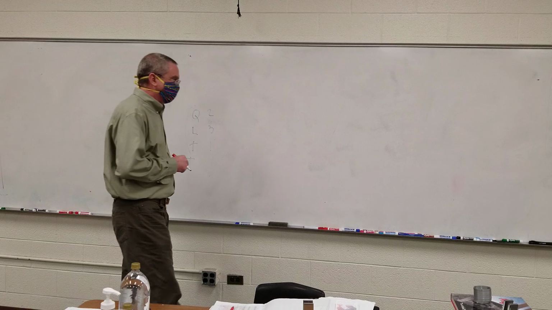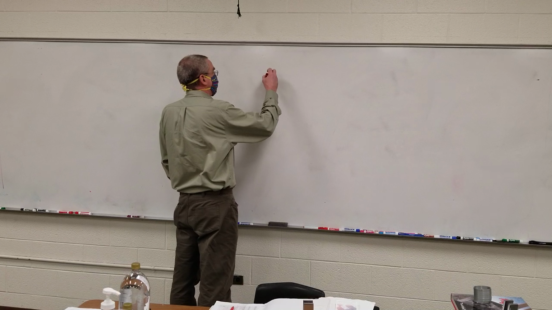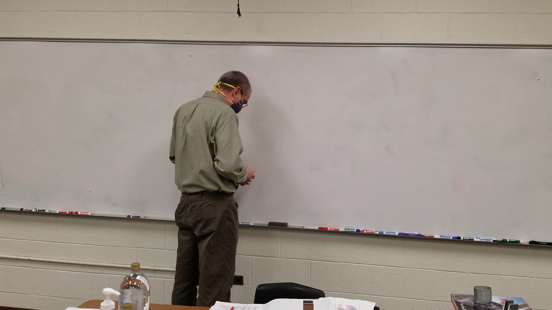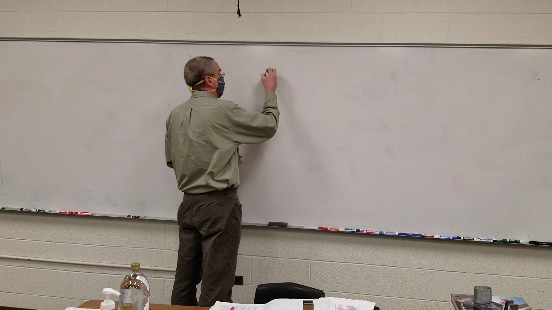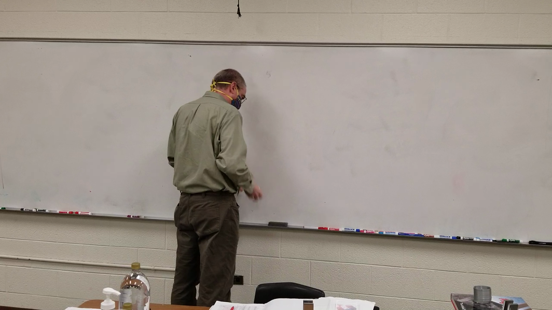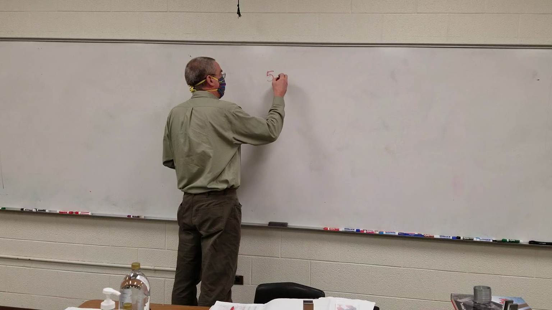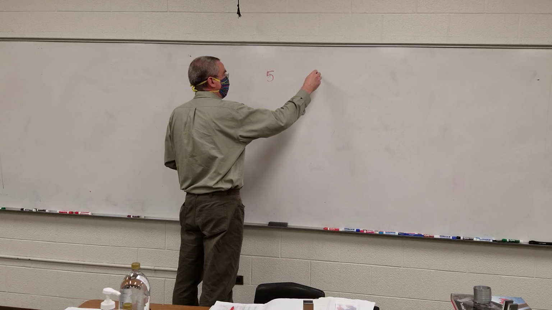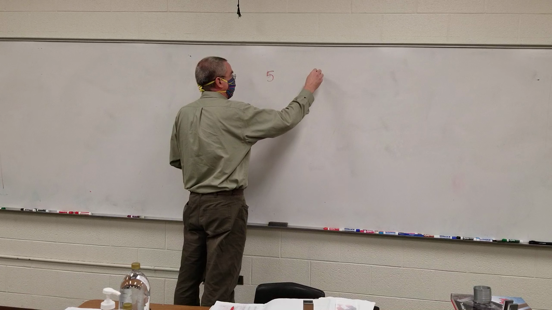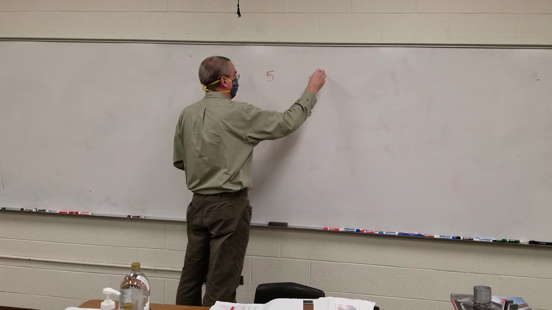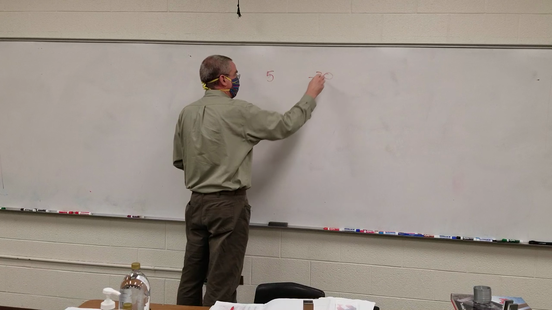Okay. So if I have two objects, this object has, I don't know, 5 units of momentum, and this has, I said head-on collision, so one of them's got to be the opposite, so negative 20 units.